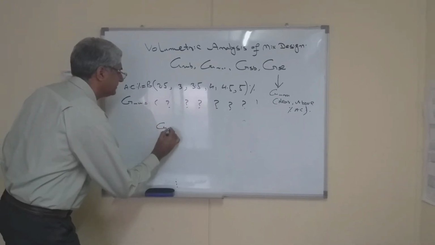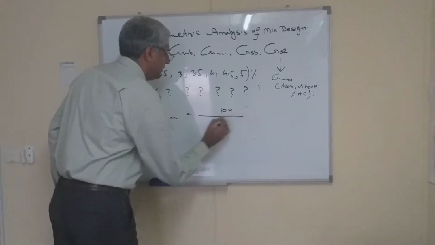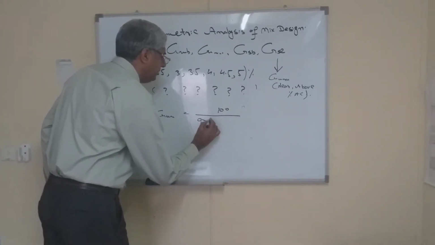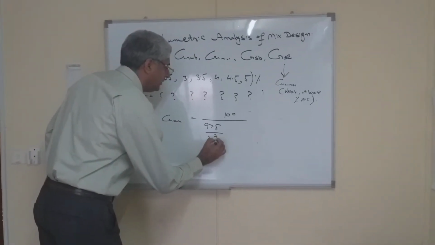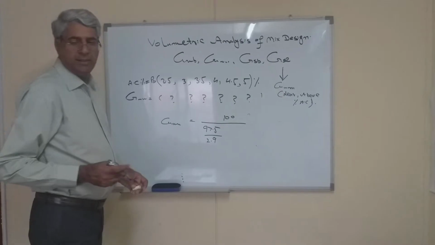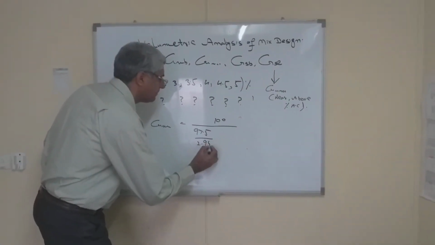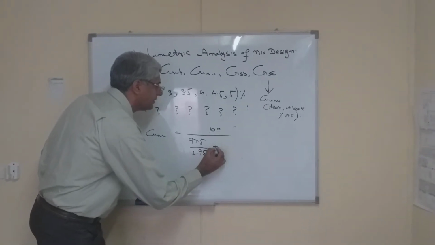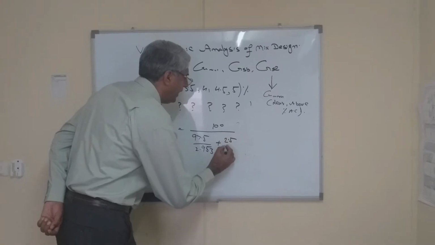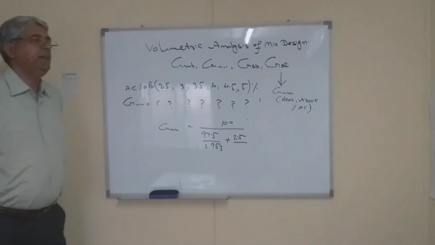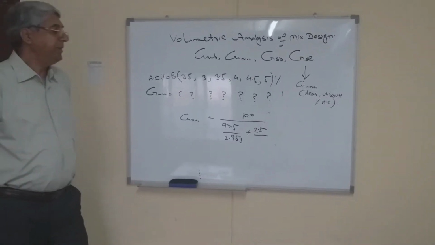GMM is equal to 100 divided by 97.5 divided by 2.953 plus PB, how much? 2.5, and its GB we have already calculated, and it is known right from the beginning.